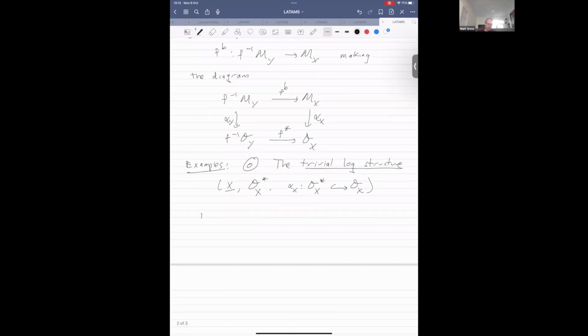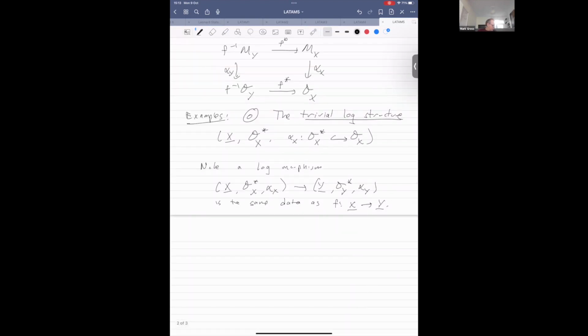So note, a log morphism (X, OX star, alpha X) to (Y, OY star, alpha Y) is the same data as just a morphism from X to Y. So in category theoretic language, this is an extension of the category of ordinary schemes to the category of log schemes. Okay, so that's not very interesting.